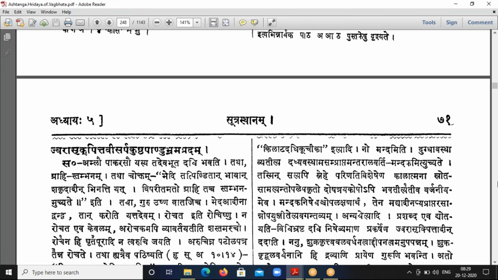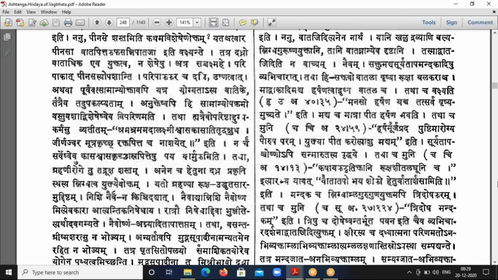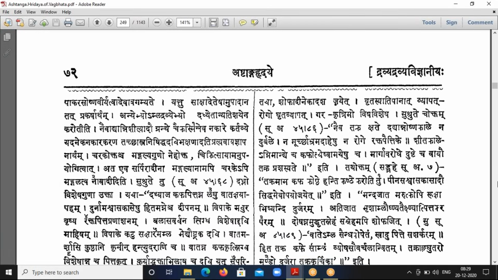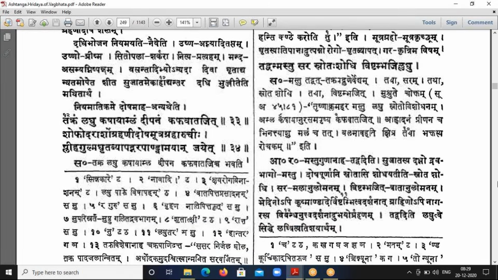Now, coming to the next Kshira Vikriti, we find Takram. Takram laghu kashayamlam, deepanam kabhavadajit, shobhodararsho grahani doshamutragraharuji, pliha gulma kridavyabad gara panduamayan jayed.